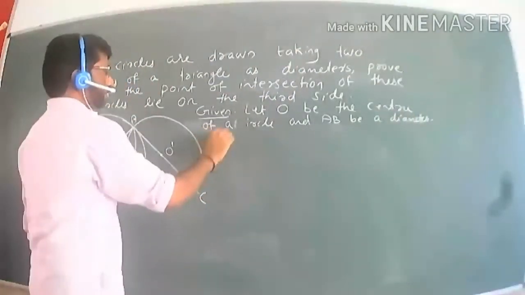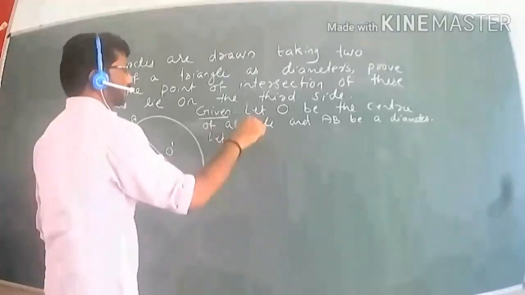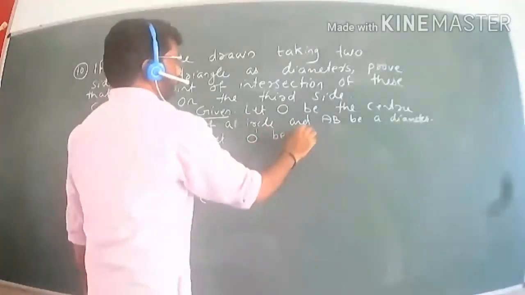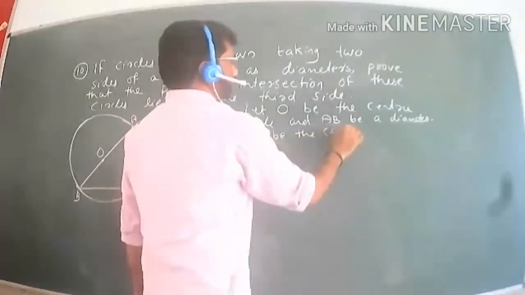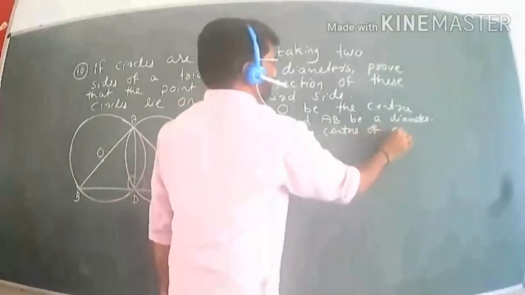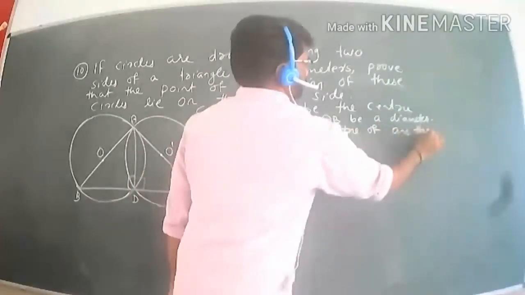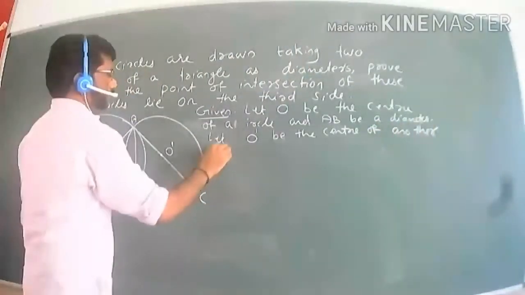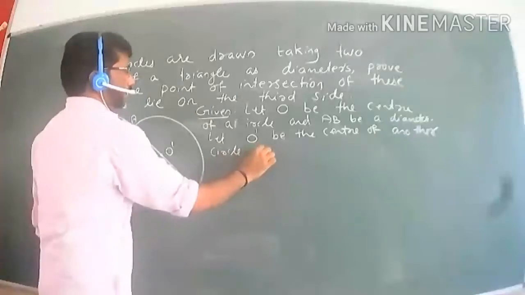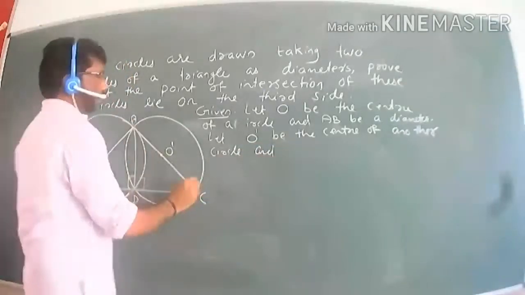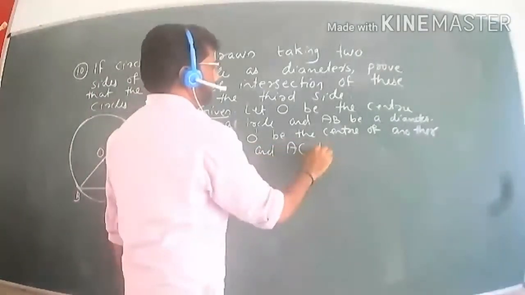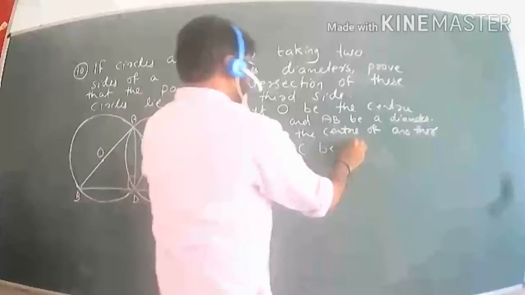Next, let O dash be the center of another circle and AC be a diameter of it.